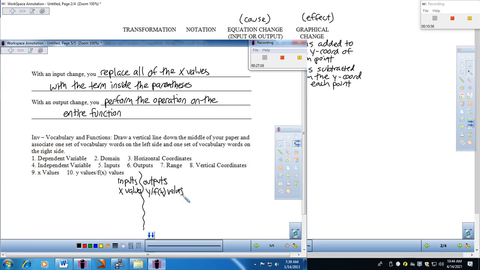All right, very good. We're going to talk next lesson about domains and ranges. If you remember correctly, domain represents all of the x values, and range represents the set of all of the y values. So throw those together. As I said, what you want to do is associate these things together.